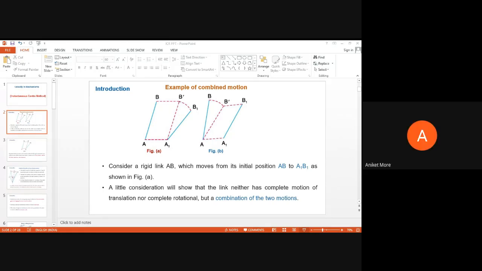The red color pointer is there, now it is at A. Just wait.